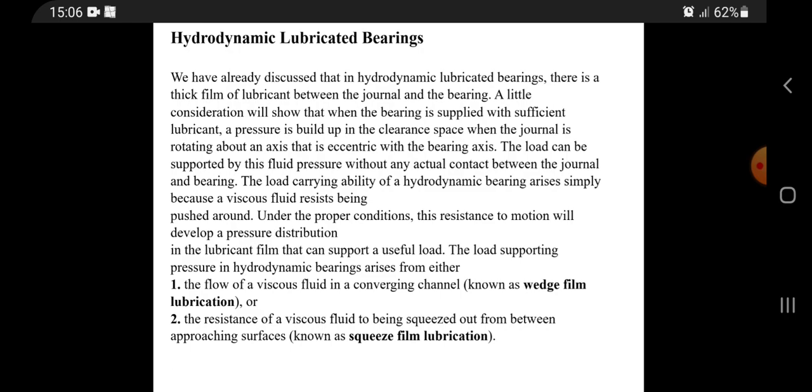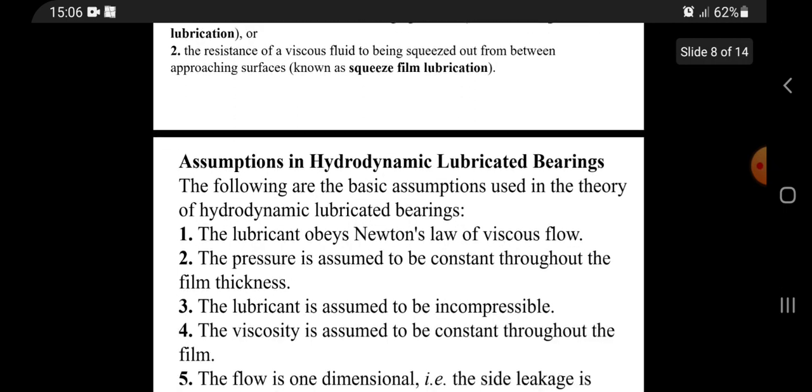Under the proper condition, this resistance to motion will develop a pressure distribution in the lubrication film that can support a useful load. In the flow of viscous fluid through a converging channel, known as wedge film lubrication, the resistance of the viscous fluid is being squeezed from between the approaching surfaces, known as squeeze film lubrication.